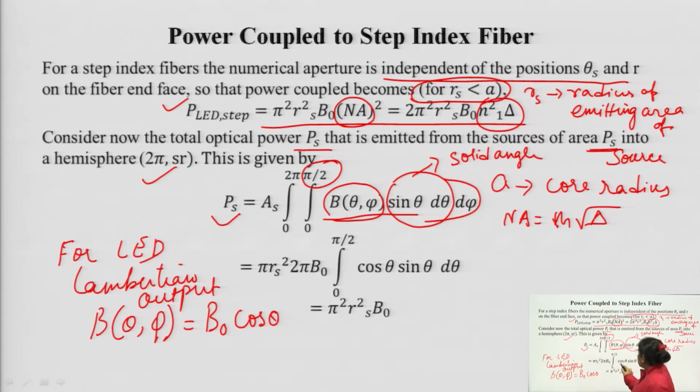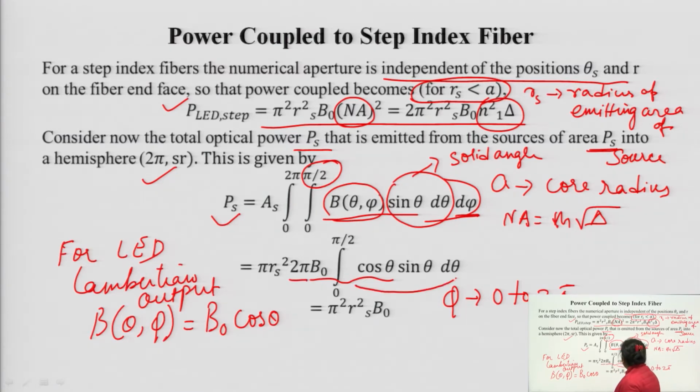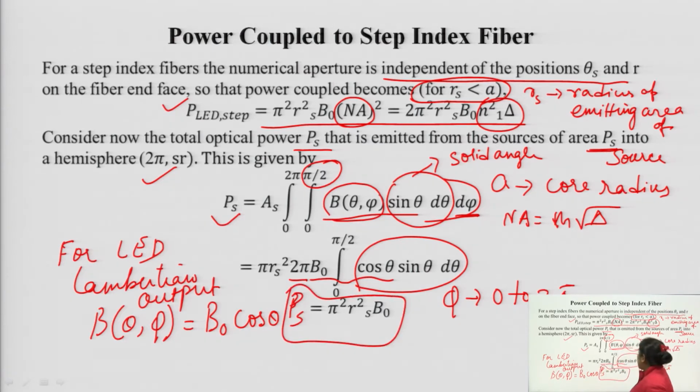That's why in this equation B theta phi is replaced by B naught cos theta, and now phi ranges from 0 to 2 pi, so its integration is also written as 2 pi here. When we integrate this, with the limit from 0 to pi by 2, we get Ps equal to pi square Rs square B naught.